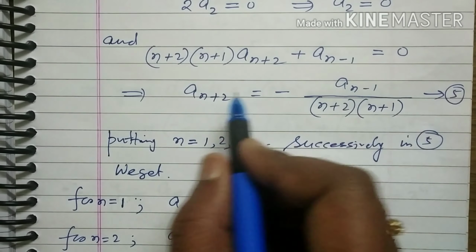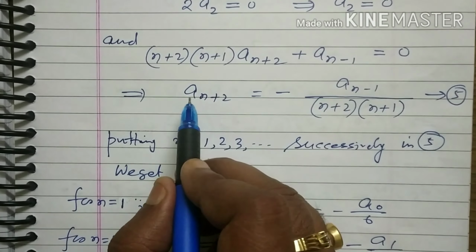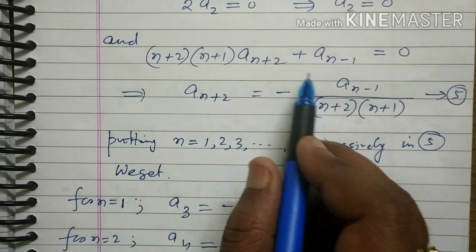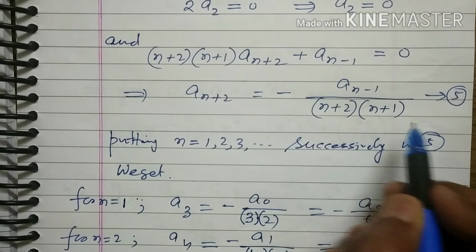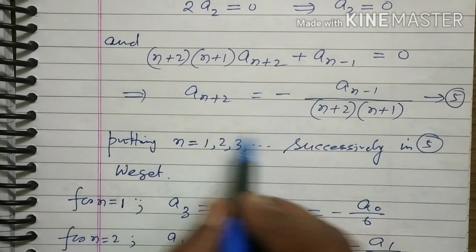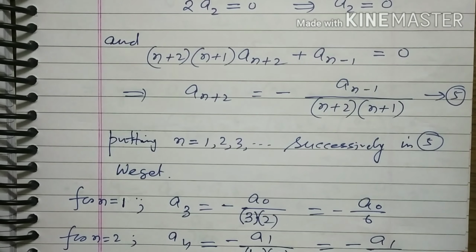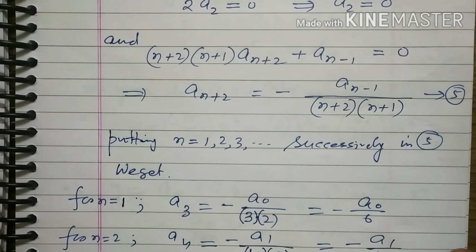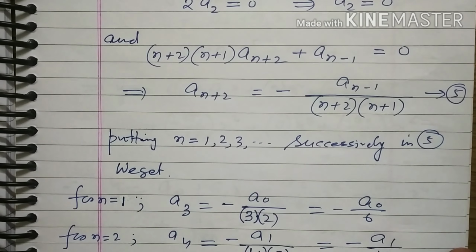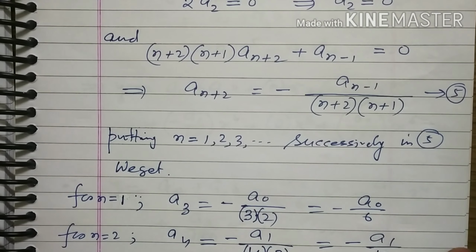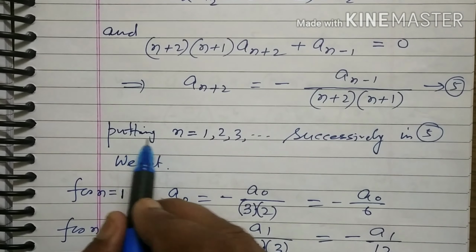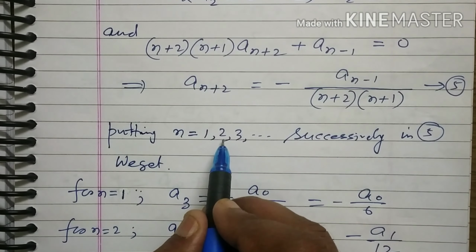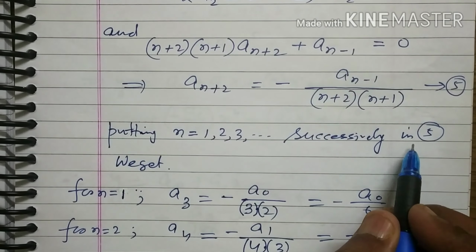So a_(n plus 2) equals minus a_(n minus 1) divided by (n plus 2)(n plus 1). This is equation number 5, called the recurrence relation, from where we can find the values of a3, a4, a5 and so on, putting n equals 1, 2, 3 successively in 5.